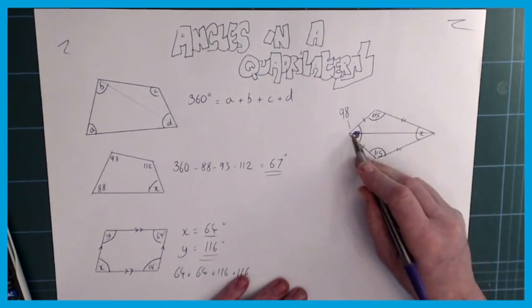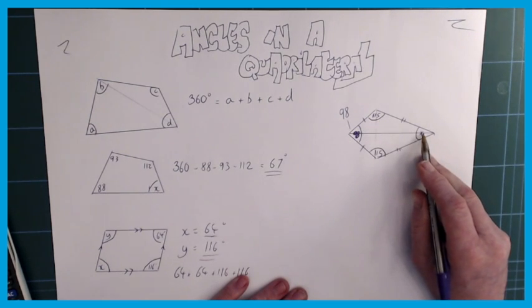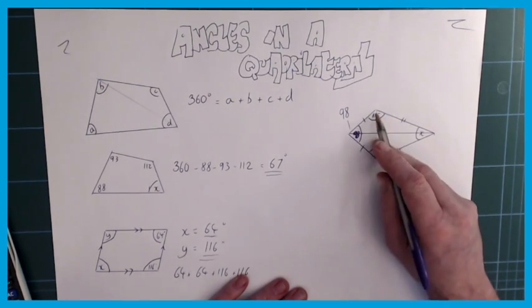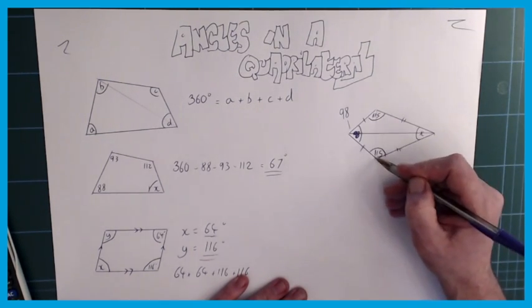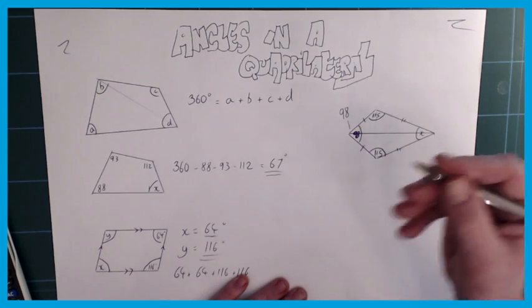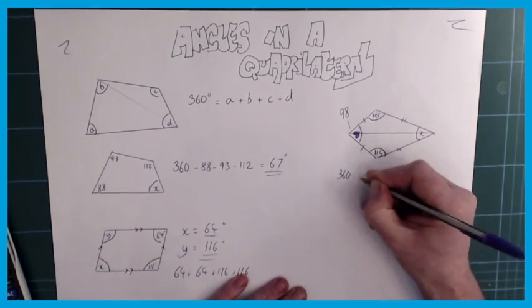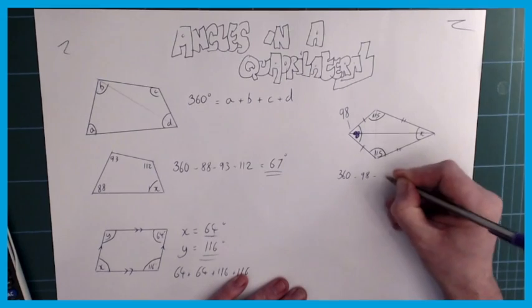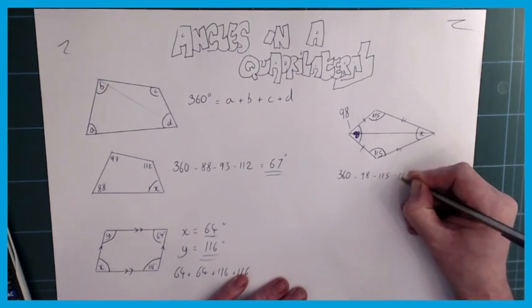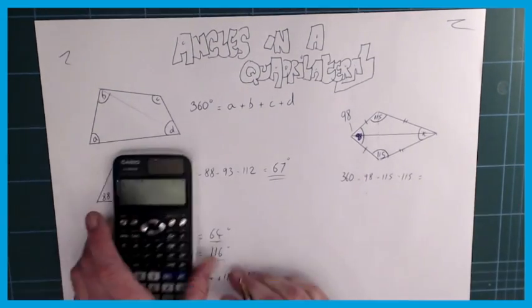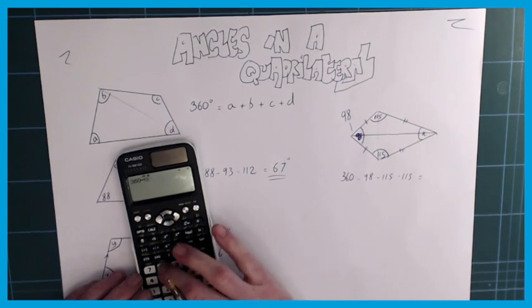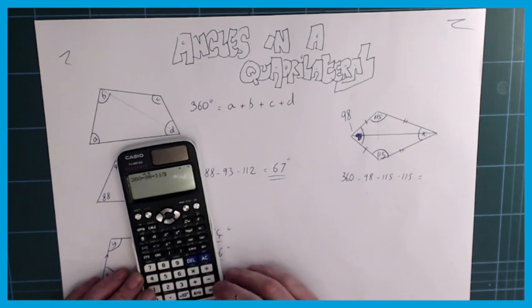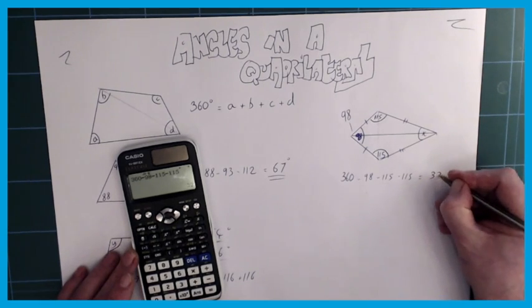And now we've got 1, 2, 3, and a missing 1. Whereas before we had just 2 angles. We have to know the properties of a kite to be able to work out that this is the same as this. And then we go for the same routine: 360, take away 98, take away 115, take away 115, and that equals 32.